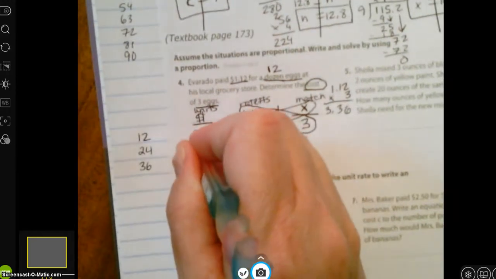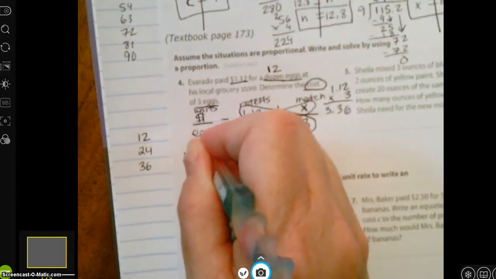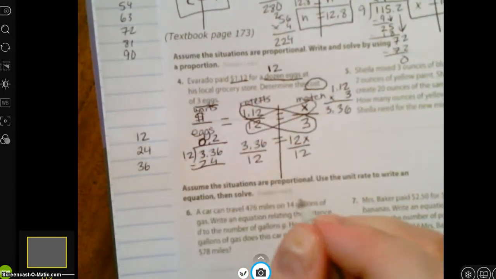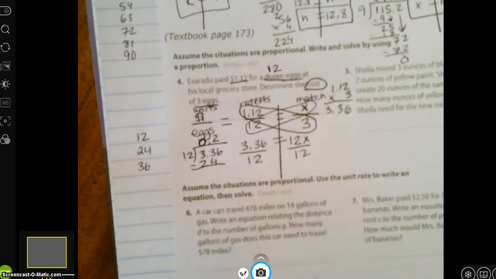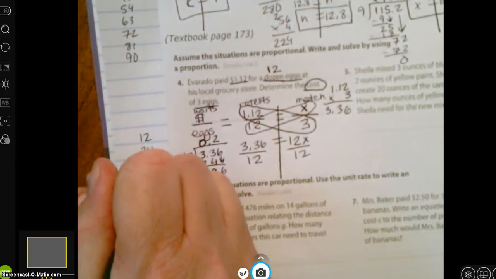So normally I put an X here, but since it's money right now, I'm going to go ahead and put 0. 12 will go into 3 zero times. 12 will go into 33 2 times, which is 24. Okay, 33, take away 24. Subtract that, what do you get? 9, pull down the 6, and I know how many times, but let's just say we don't. We add another 12 and I get 48.